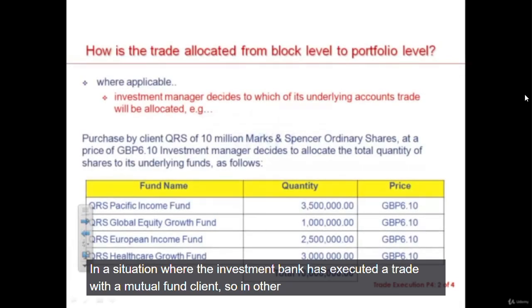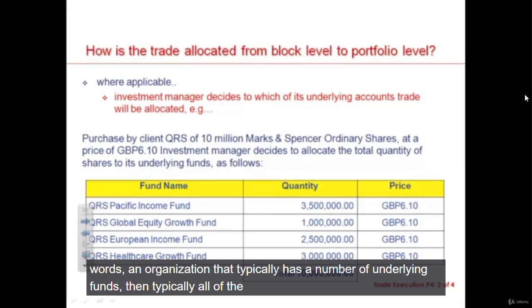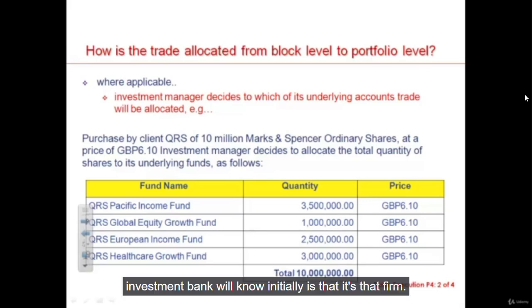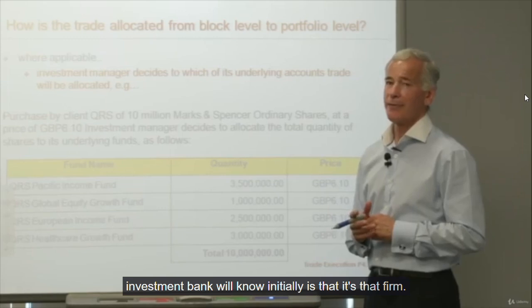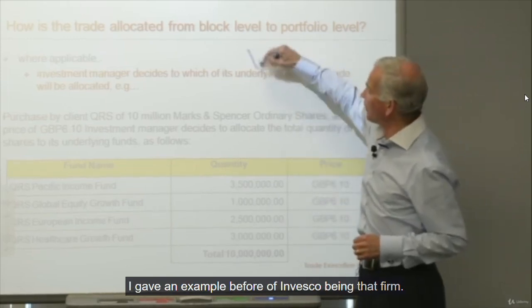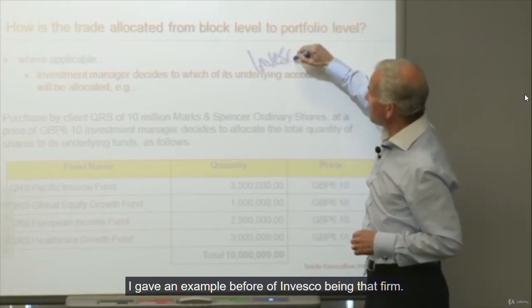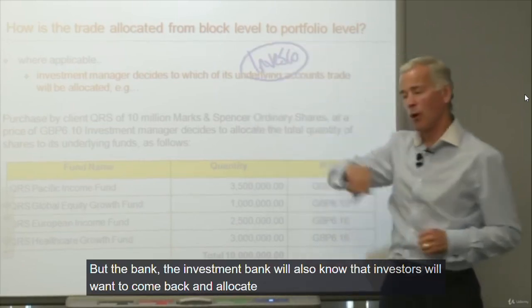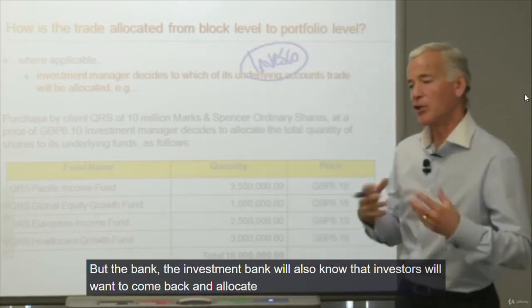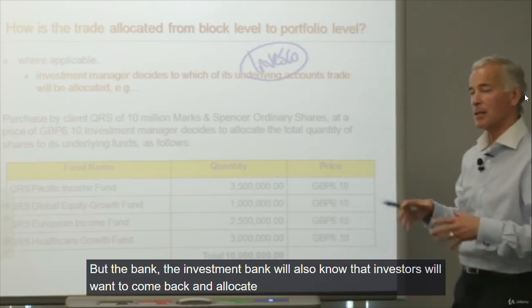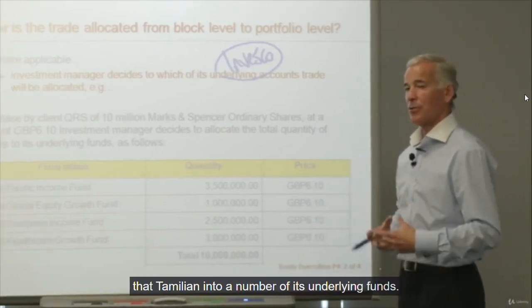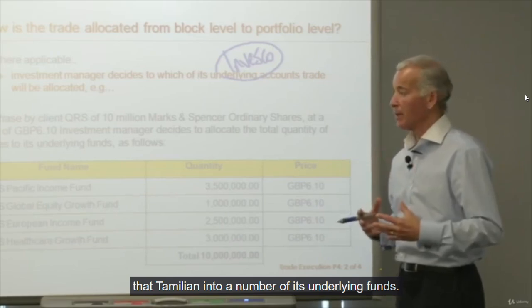In a situation where the investment bank has executed a trade with a mutual fund client, so in other words, an organisation that typically has a number of underlying funds, then typically all that the investment bank will know initially is that it's that firm. I gave an example before of Invesco being that firm. But the investment bank will also know that Invesco will want to come back and allocate that 10 million into a number of its underlying funds.